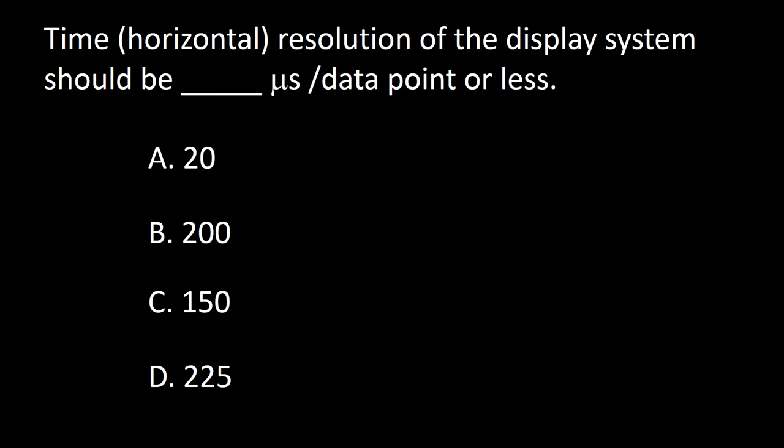Next question. The time horizon resolution of the display system should be dash microseconds per data point or less. A, 20; B, 200; C, 150; D, 225.